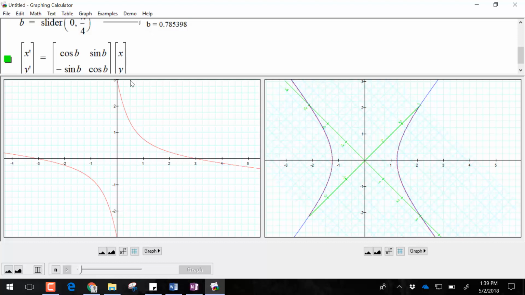Your original quadratic form is in red, and then your transformed quadratic form is on the right, in blue. It has no cross product terms, which means it's a nice axis now. Our x and y axes are all nice and even.